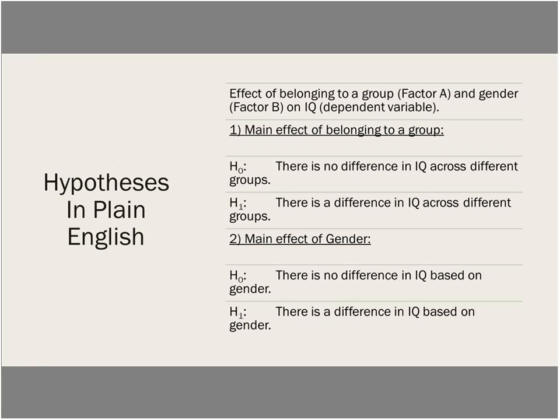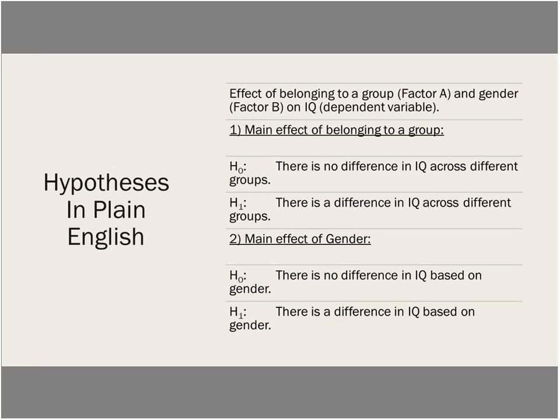So what are the hypotheses in plain English? The effect of belonging to group factor A and gender factor B on the IQ, that's basically the premise that you'll be working from. So the null hypothesis for the main factor is there's no difference in the IQ across different groups, if you belong to a group.